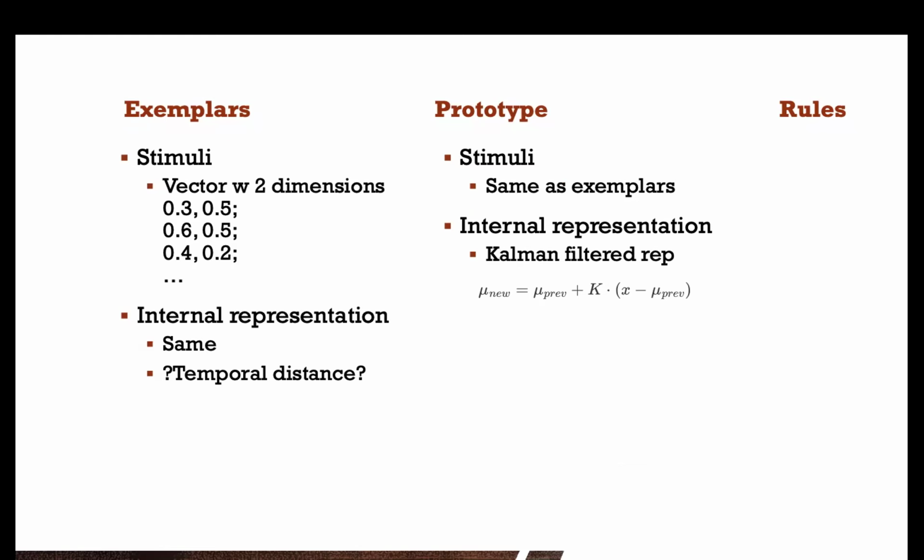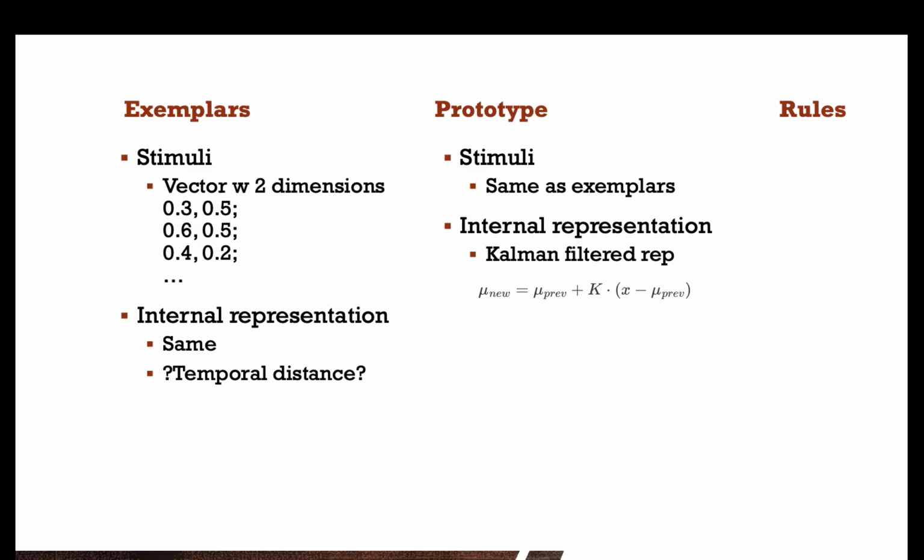Okay, so the way that the Kalman filter works is very similar to what we've seen before, right? We had our memory model, which was mu at time t is equal to mu at time t minus 1 plus 1 divided by n times the predictive error, right?